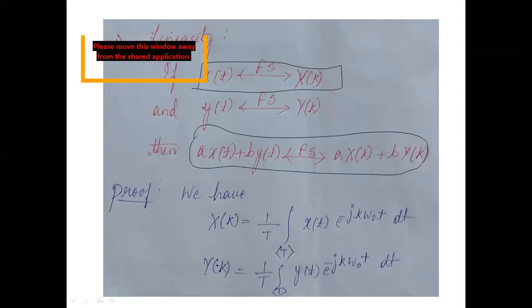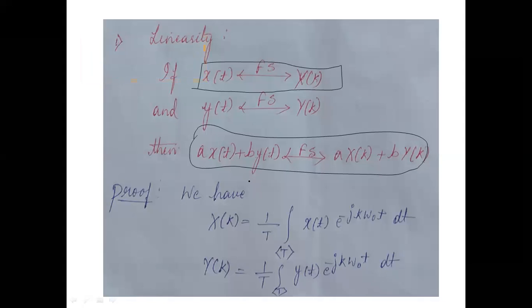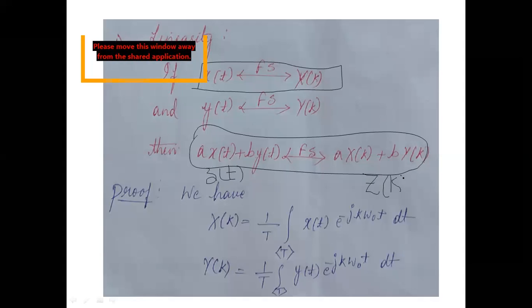Similarly, Y of k is equal to 1 over T integral over one period of y of t into e raised to minus j k omega naught t dt. Now let me represent a into x of t plus b into y of t as z of t. Its corresponding Fourier series will be Z of k. Now I'll write the expression for Z of k.